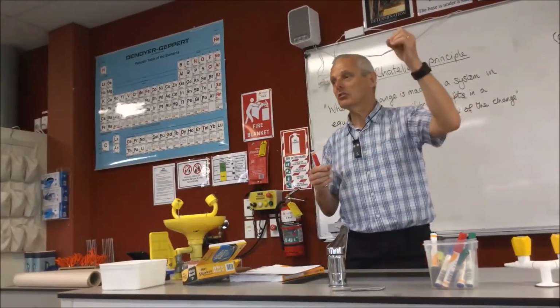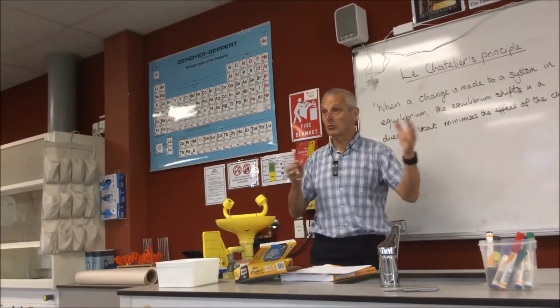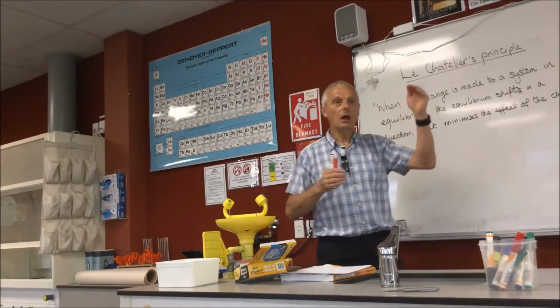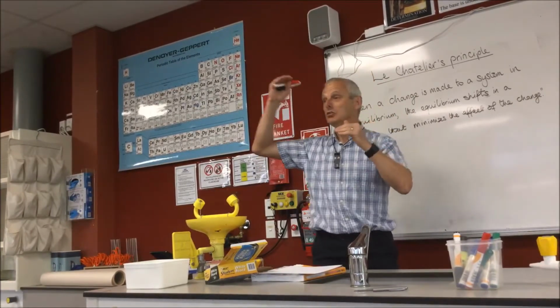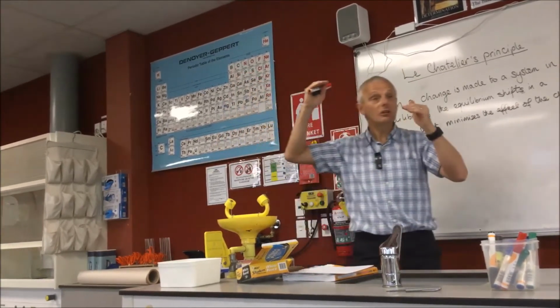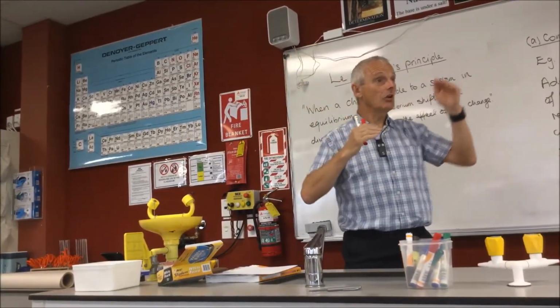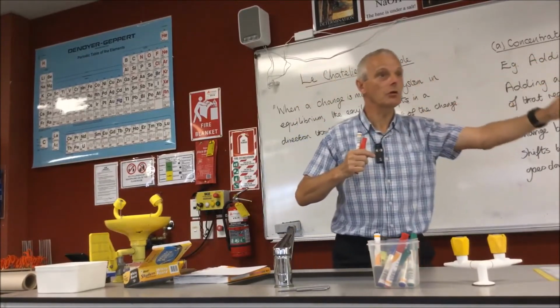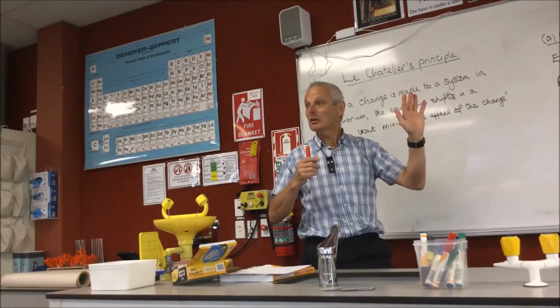It increases the concentration of products, reduces the concentration of reactants in an attempt to minimise the effects of the change you've made. And what that's doing is pushing KC back up again, because you're increasing the numerator, the products, and decreasing the denominator, which is the reactants. You've pushed it off kilter, and it's coming back onto the same position where it was originally.